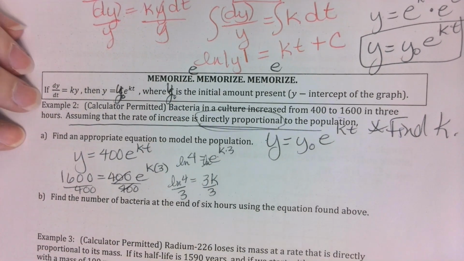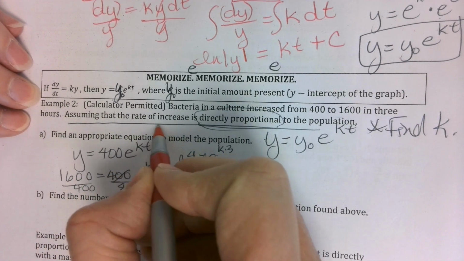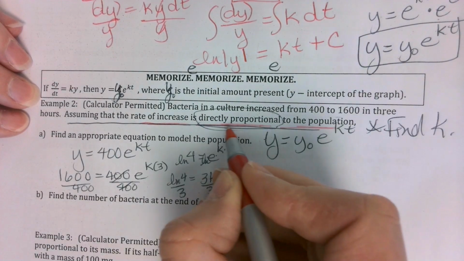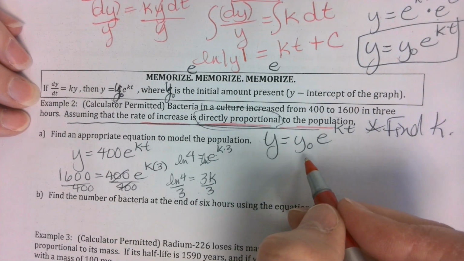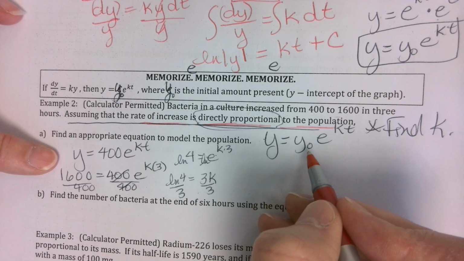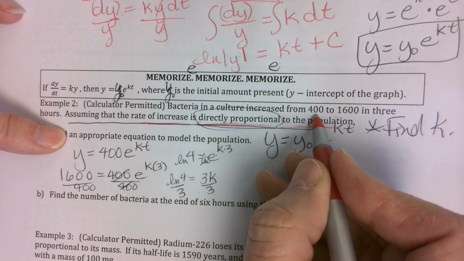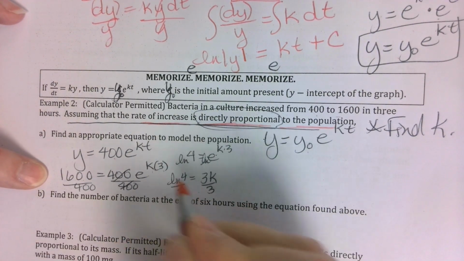And this example too essentially is, with the exception of assuming that the rate of increase is directly proportional to the population, that tells us this is an exponential growth problem, right? And so we go to our go-to formula. We plug in 400 as the initial amount. 1600 was the amount after time 3.